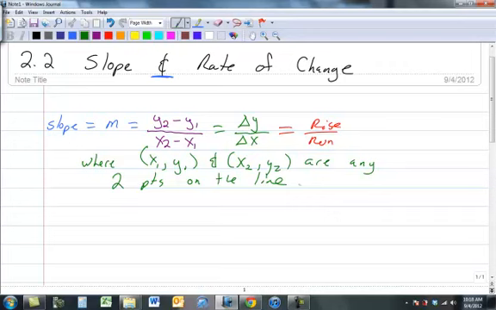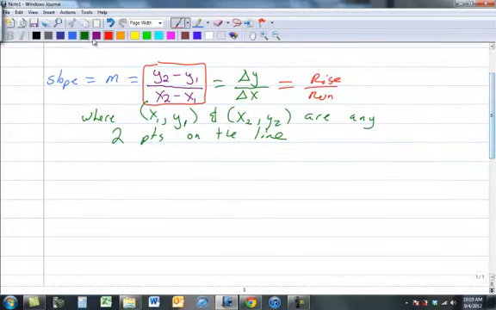This is always going to be true for any 2 points on a line. Now, many of you are probably familiar with the slope formula, y2 minus y1 divided by x sub 2 minus x sub 1. And if you like it, that's awesome, go for it. I'm going to show you another way that I learned that I think is pretty nifty, and you're welcome to use that as well.